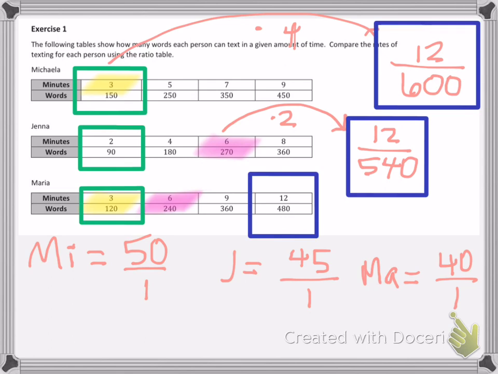See what I did this time: I made all of the amounts of time into 1 minute. And if they all work for 1 minute, then Michaela types the most words. So there's a couple ways to compare them, but we need to make something the same, so we can compare the other part.